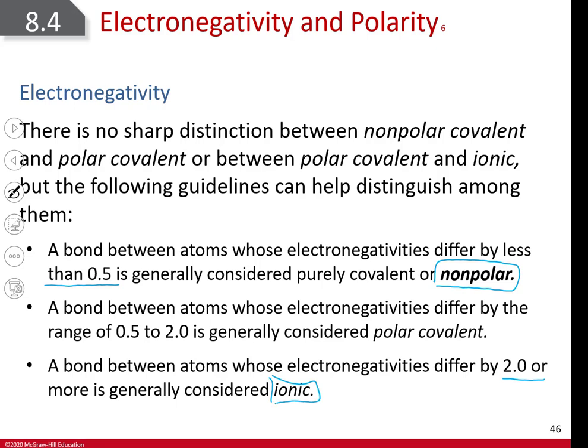Anything in between, in the range of 0.5 to 2.0, is going to be polar covalent. So back to our spectrum from purely covalent or nonpolar on one end to purely ionic on the other end. The range from 0.5 difference up to, but not including, 2.0 is going to be the polar range.